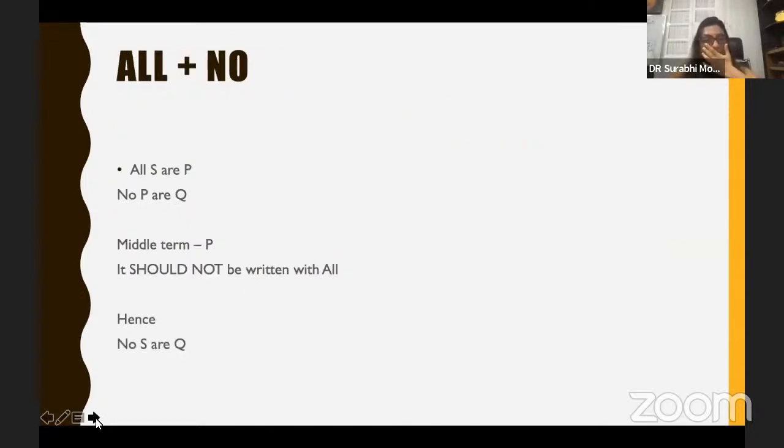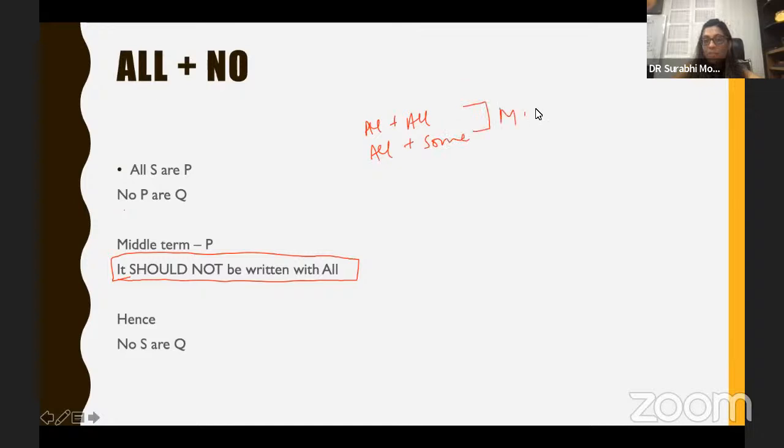Let's move to the next one, all plus no. Now listen carefully. In this, just forget about the no statement. Remember that the middle term should not be written with all. So just now in all plus all and in all plus some, we had to see that the middle term is written with all.